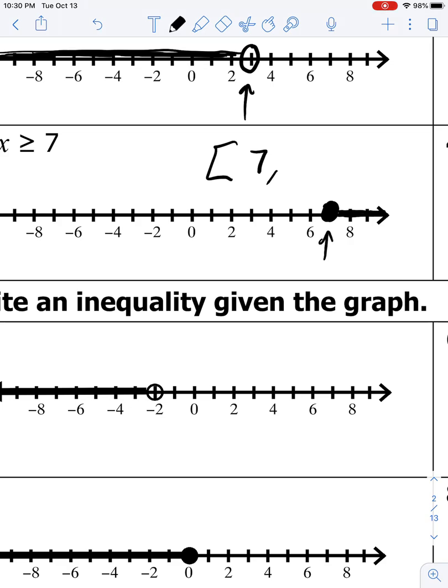So this is where it started, and this is where it finished. So it finished at the arrow, which again, on the right is positive infinity, which is always a parenthesis. It kind of rhymes, okay? The infinities are always a parenthesis, no matter what, okay? And that would be your interval notation right there.